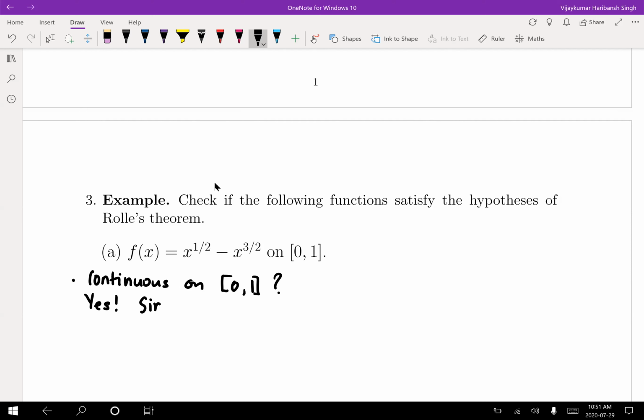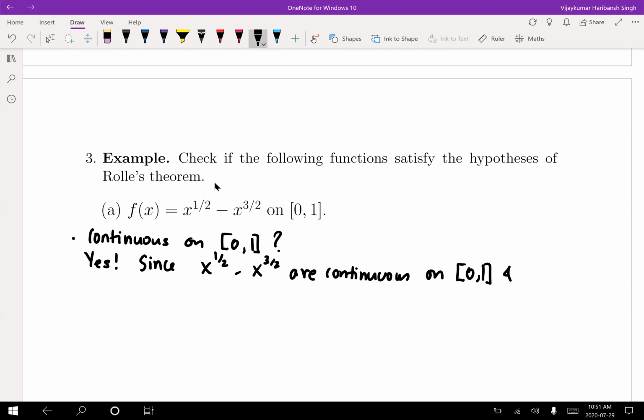Since x to the power 1/2 and x to the power 3/2 are continuous on [0, 1], and hence their difference is continuous.